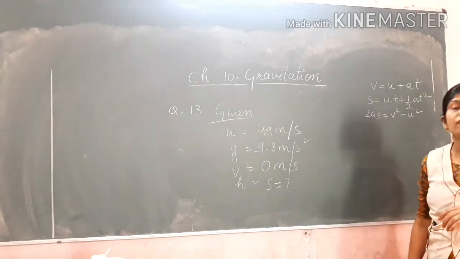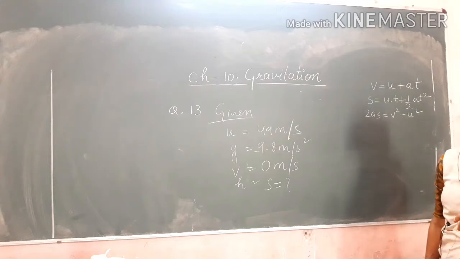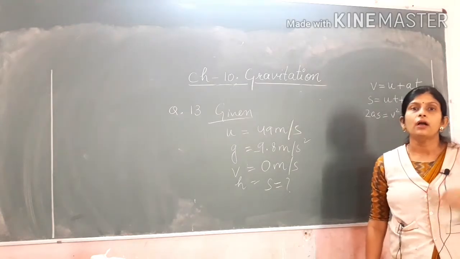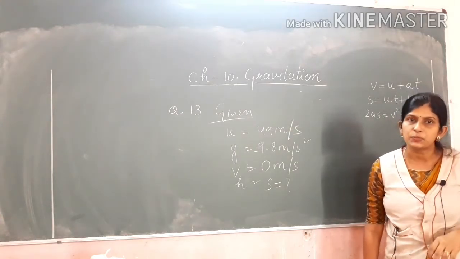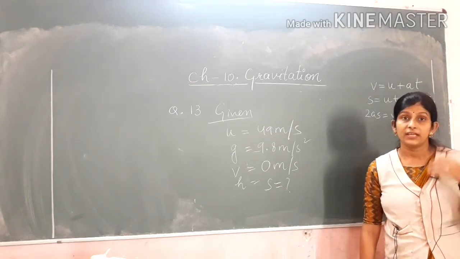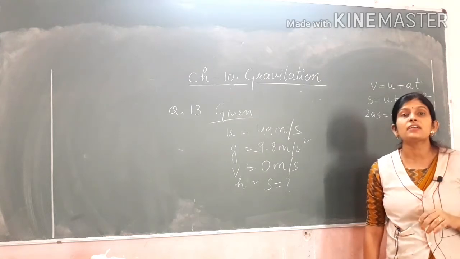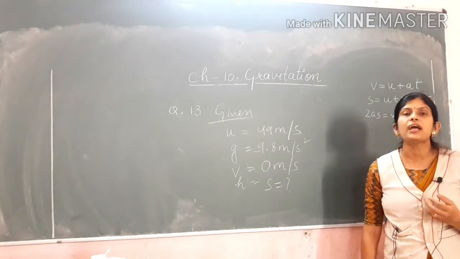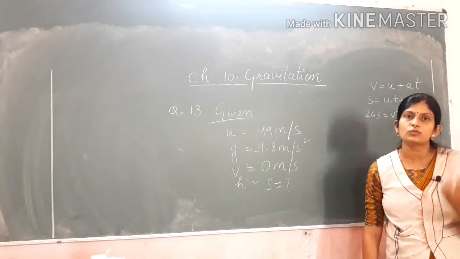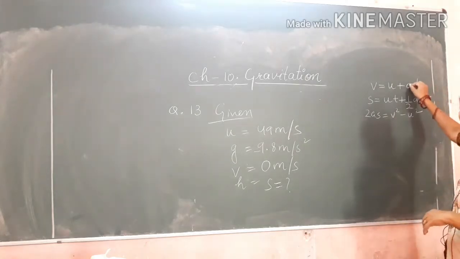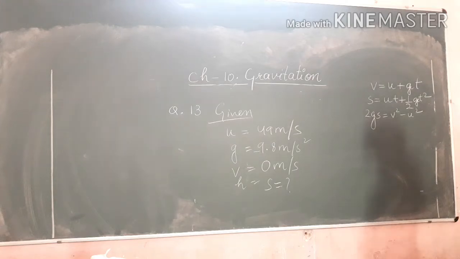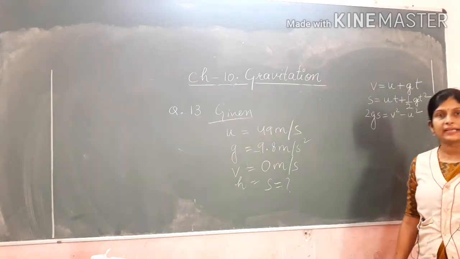Now in this chapter we are talking about gravitational force. When object is moving upward or downward, a special kind of acceleration is produced, that is acceleration due to gravity, denoted with small g. So in place of a, we will write small g.